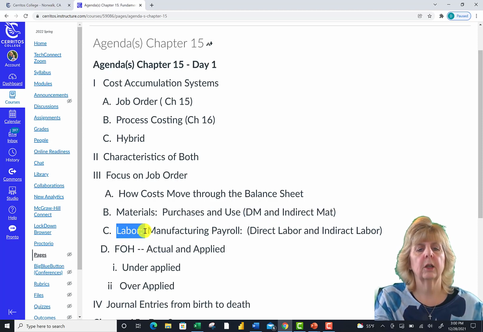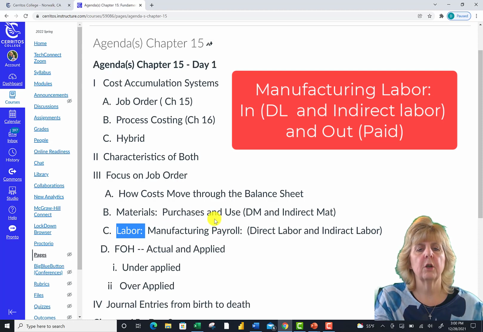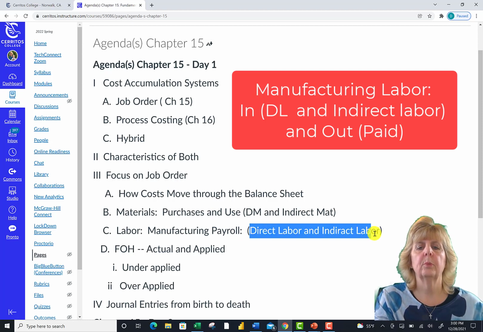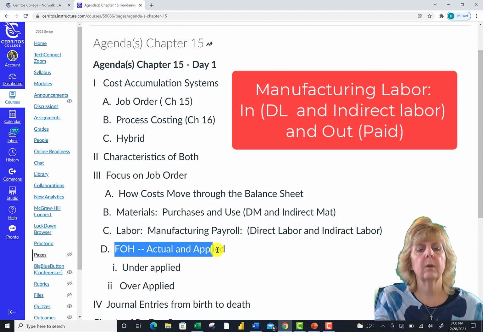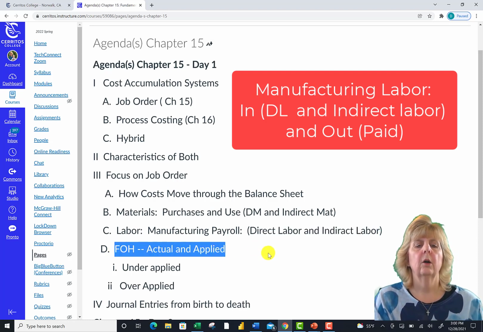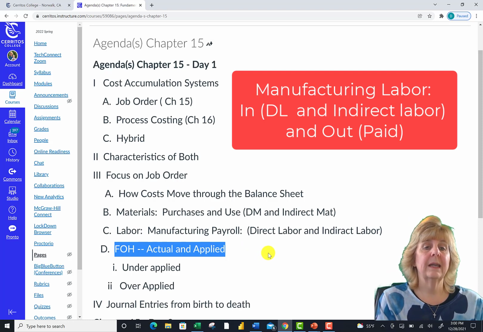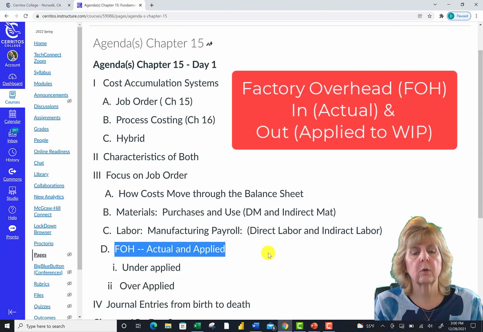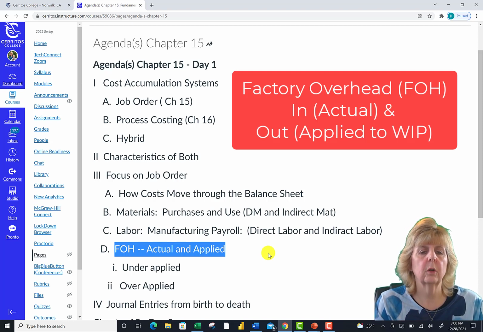Then we'll take a look at labor and how the manufacturing payroll costs are charged out. That's going to include both direct labor and indirect labor. And finally, probably the toughest of the 3, we'll take a little bit more in-depth view of factory overhead. Specifically, we'll look at the actual overhead, which is recorded on the debit side of the T account.